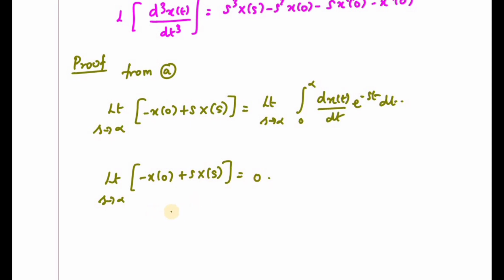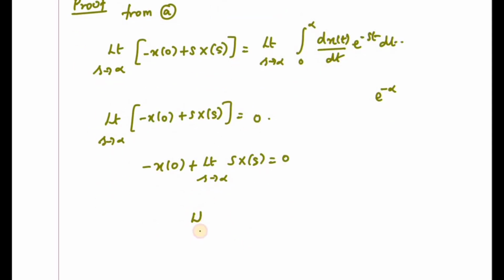So I will get minus x of 0. There is no use in substituting s of infinity here, plus limit s tends to infinity of s into x of s, and that is equal to 0.